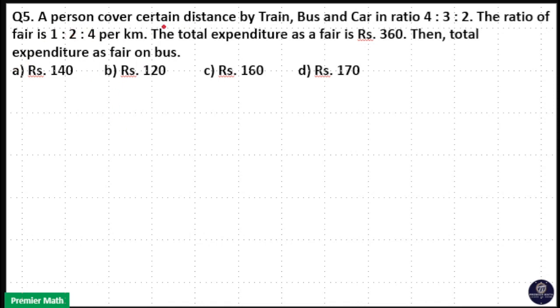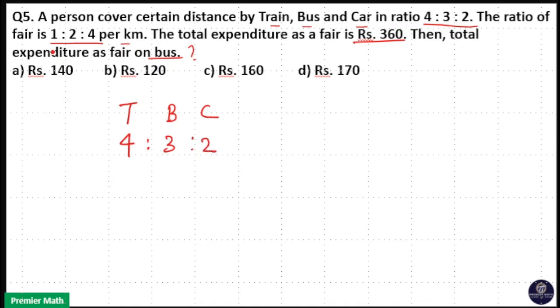A person covers a certain distance by train, bus and car in a ratio 4:3:2. The ratio of fare is 1:2:4 per kilometer. The total expenditure as fare is rupees 360. Then the total expenditure as fare on bus will be. So a person covers a certain distance in train, bus and car in a ratio 4:3:2.